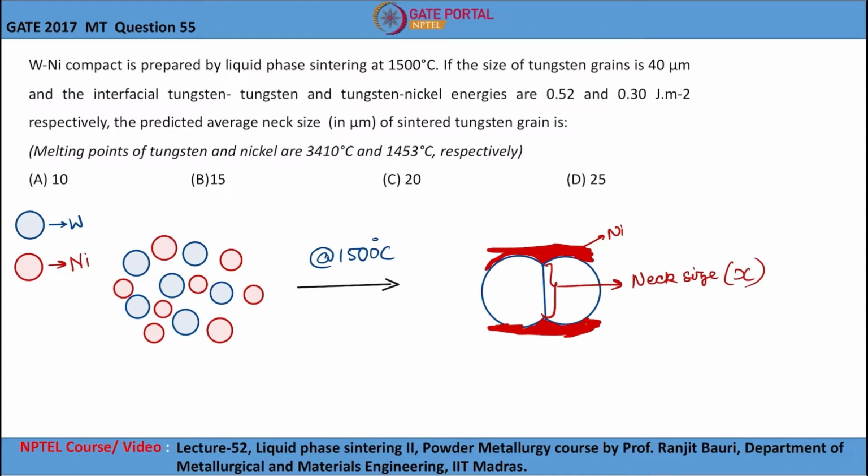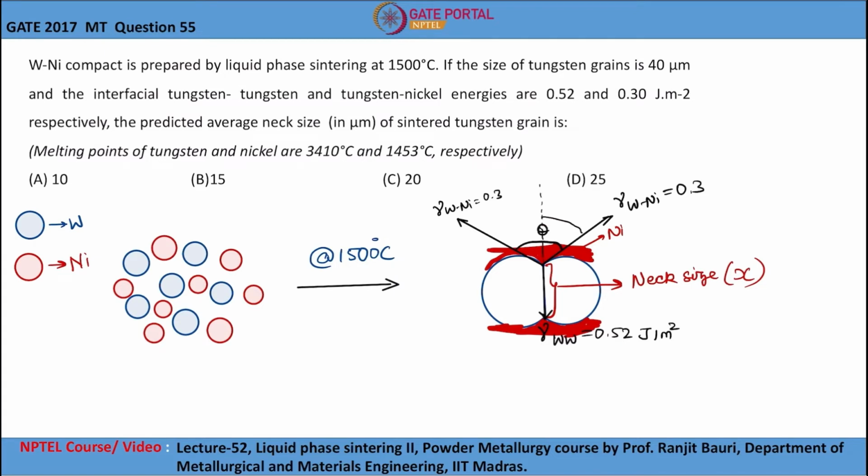We are also provided with the interfacial energies of tungsten and tungsten nickel, which are 0.52 and 0.3 joules per meter square. So the tungsten nickel interfacial energy, gamma tungsten nickel, will be 0.3 and the tungsten interfacial energy is 0.52 joules per meter square, and this angle formed is called the dihedral angle, which is theta.